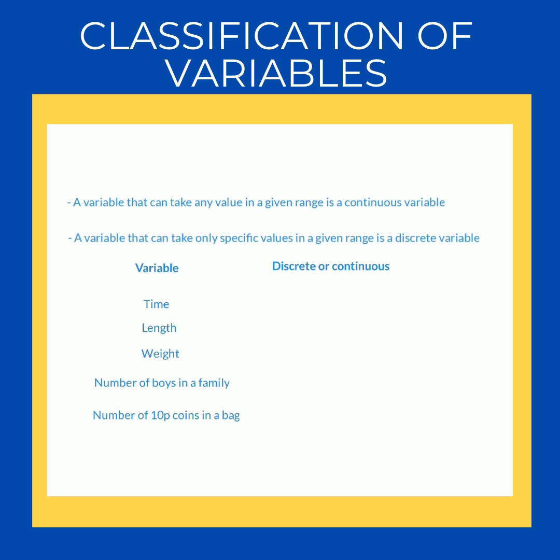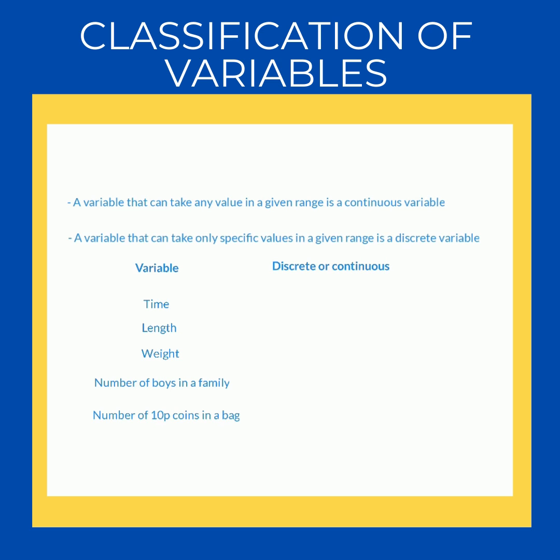So let's take time. I can say that the time needed to travel from point A to point B is 2 minutes, or it can be 2.5 minutes, or 2.6 minutes, or 2.65 minutes. So this variable can take any value in a given range.